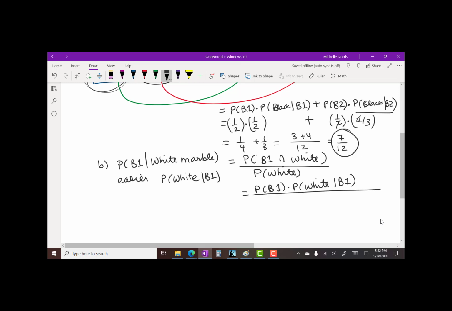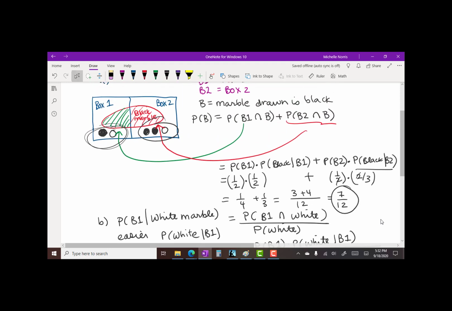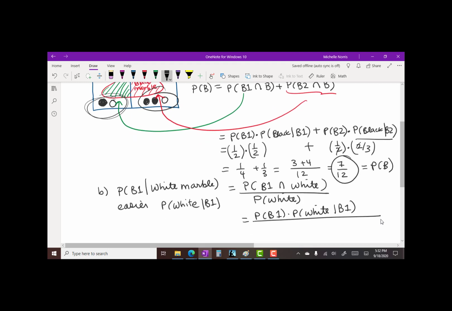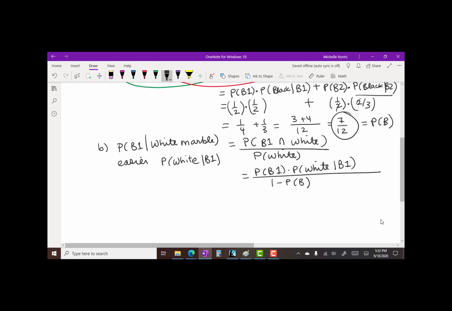There are a couple of ways you can calculate the denominator. We already know that the total probability of getting a black marble is 7/12. Because at the end of the day you can only get a black or a white marble, you can calculate the probability of a white marble as 1 minus the total probability of a black marble.